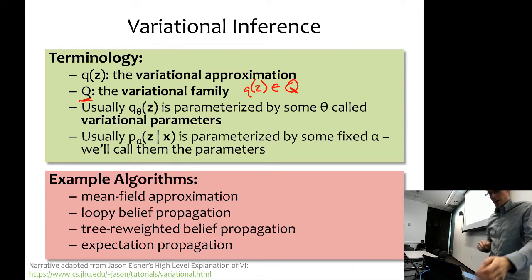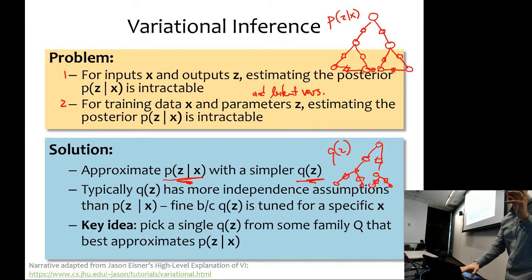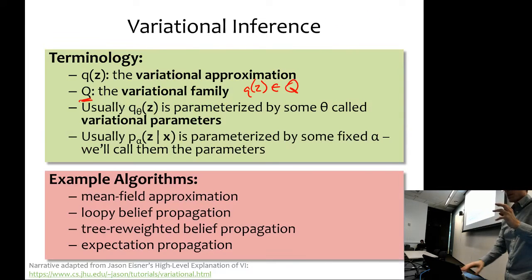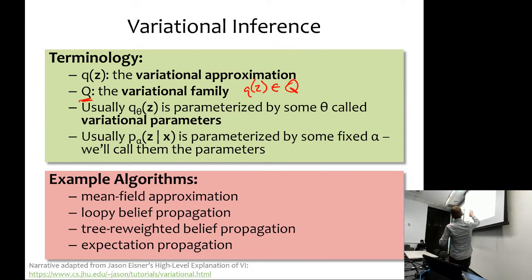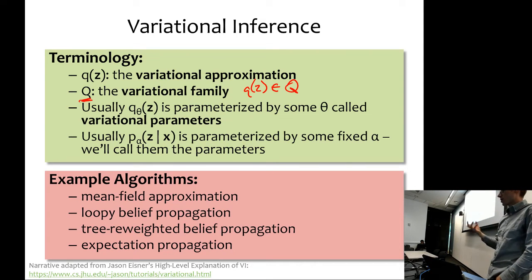The reason that I like us to focus on problem one is that now we can think of an example of P alpha of z given x as the actual learned factor graph for some model.